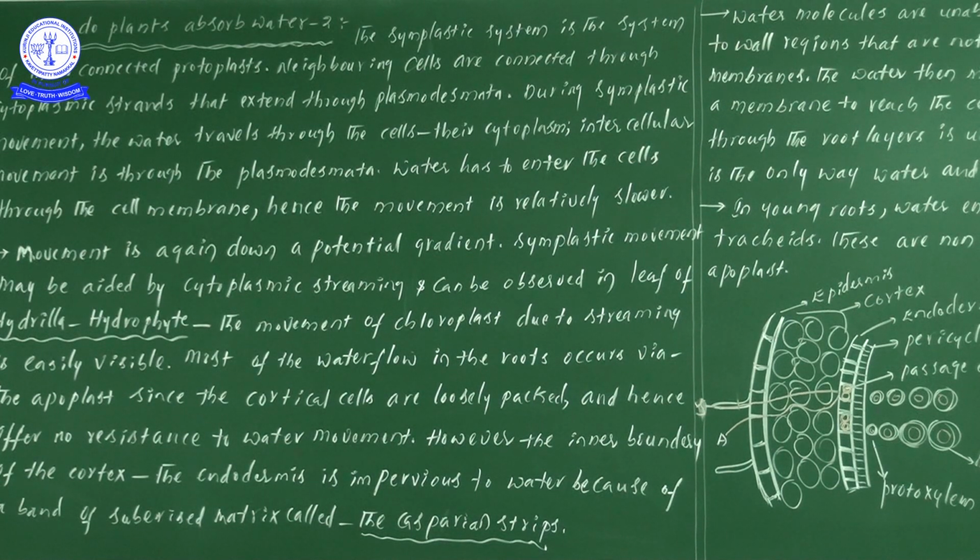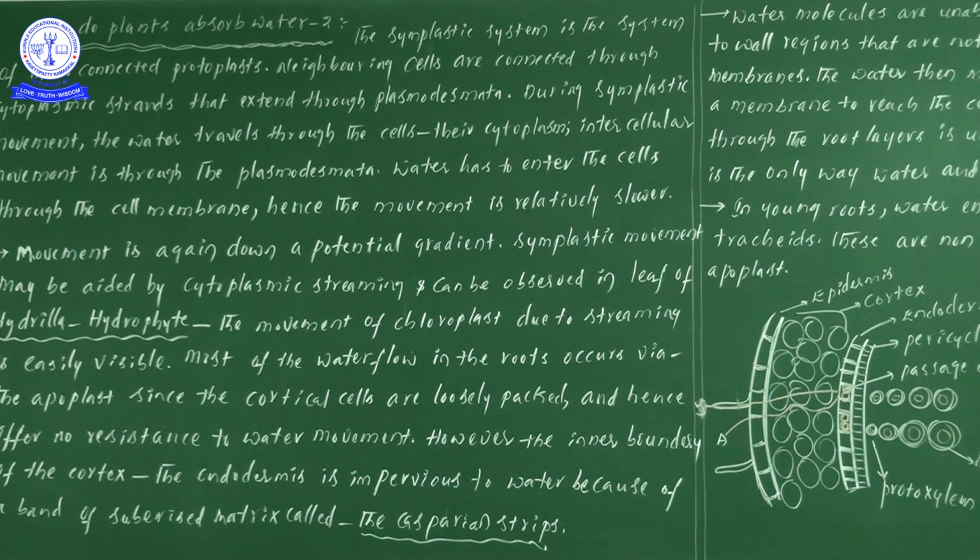How then do water molecules enter the xylem and phloem region? One important pointer: in the endodermis, a few specialized cells are present, called passage cells.